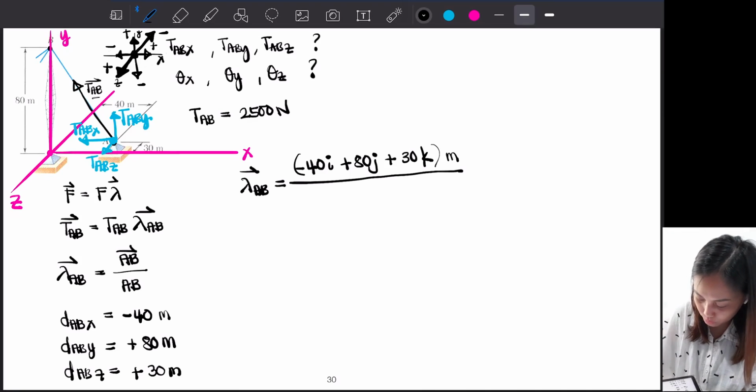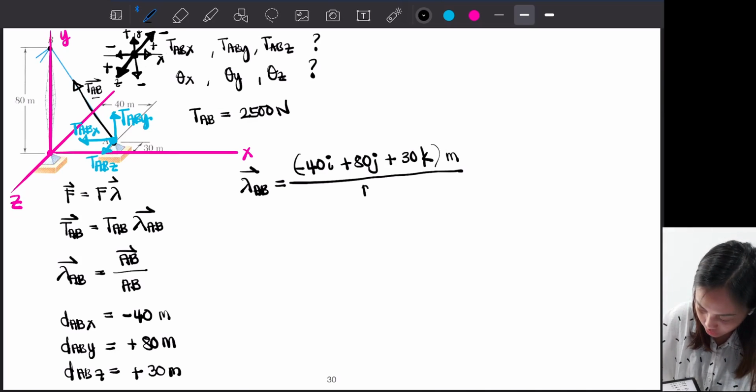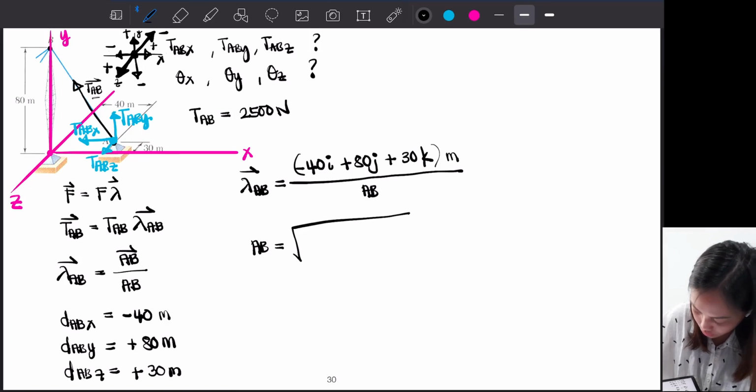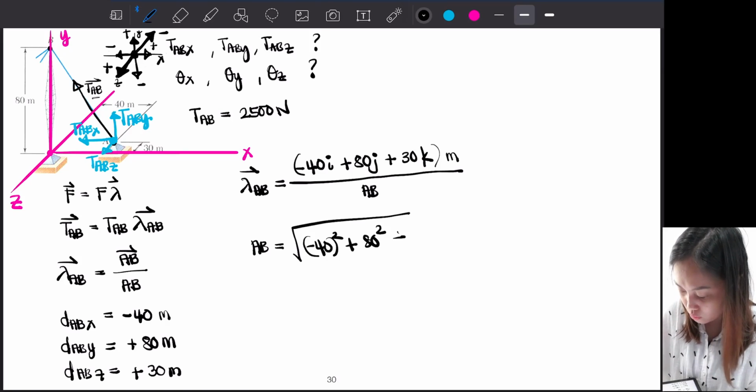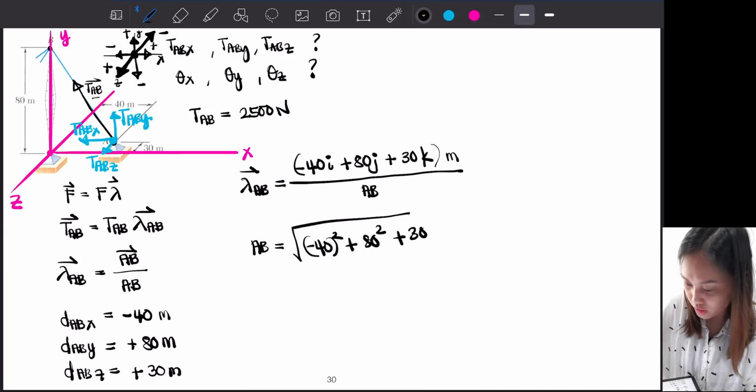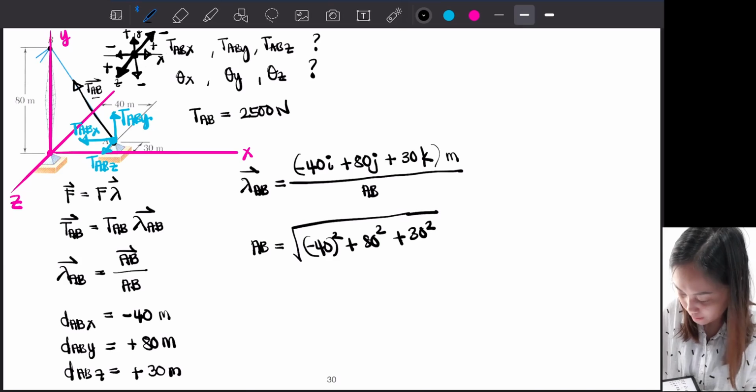That distance is equal to the square root of negative 40 squared plus positive 80 squared plus positive 30 squared.